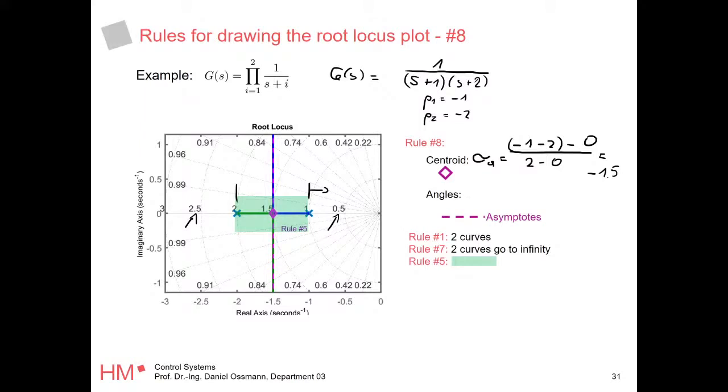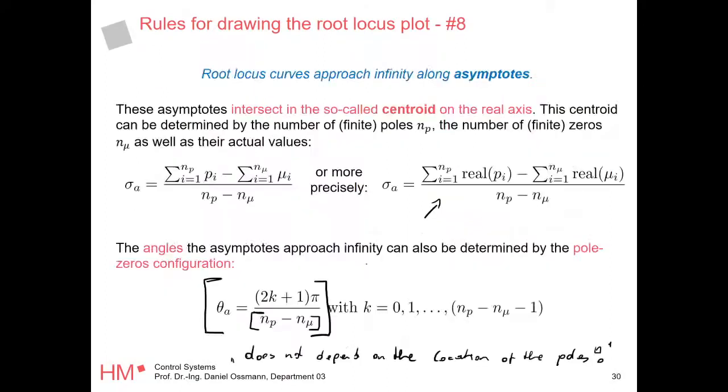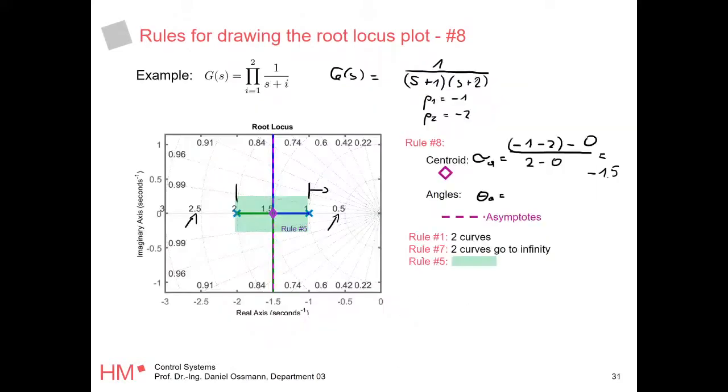And the angles, here are the angles, basically this equation here, so we need to go from 0 to 1, because we've got 2 poles, minus 0 minus 1 is 1.